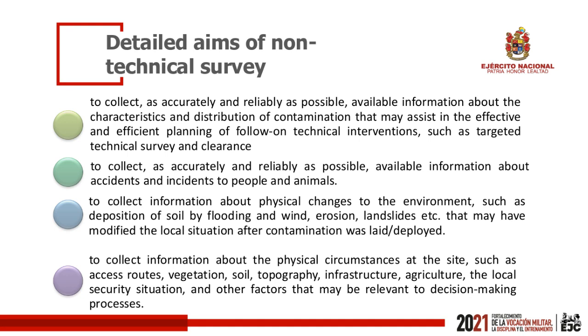It's important to collect all the information about the distribution of the contamination in the area and what kind of contamination it is. Maybe improvised explosive devices, maybe explosive remnants of war, maybe anti-personnel mines, the different kinds of explosive devices that we can find, and their distribution in the area.